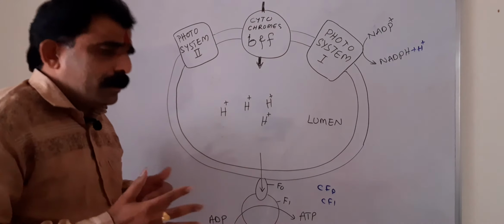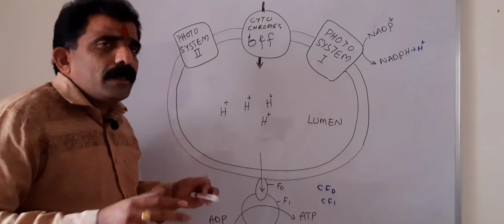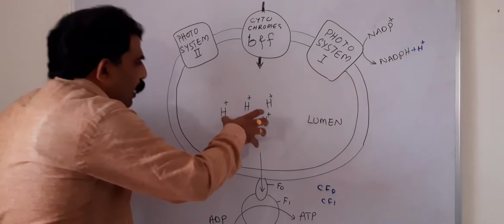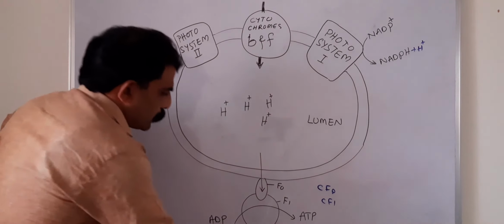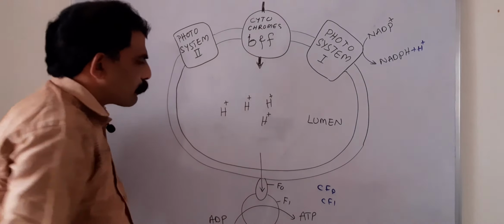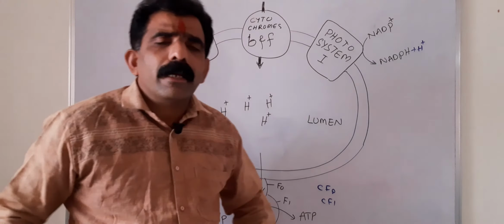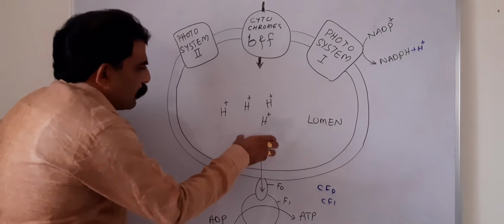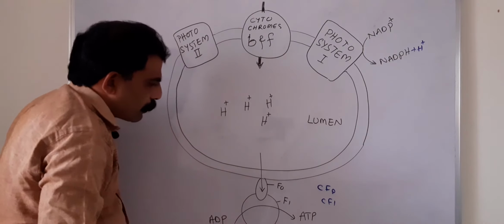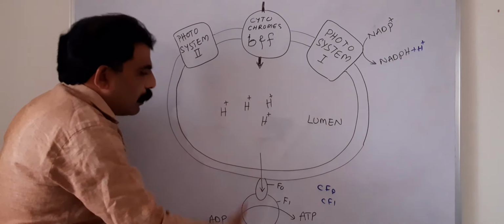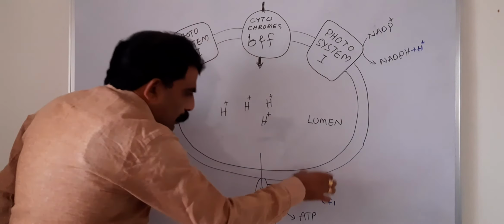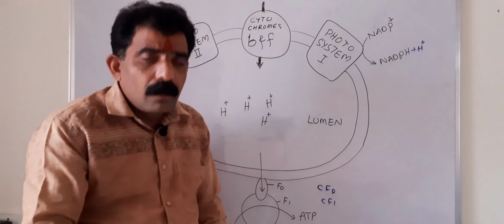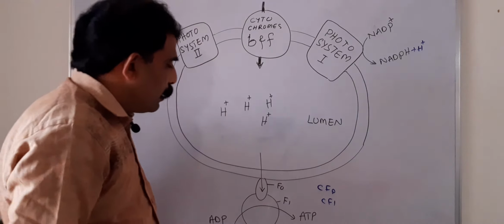Now this concentration gradient is broken. How? When the protons flow back into the stroma from the lumen with the help of this ATPase enzyme, particularly through the CF0 or F0 particle, which acts as a transmembrane channel, the concentration gradient will be broken.